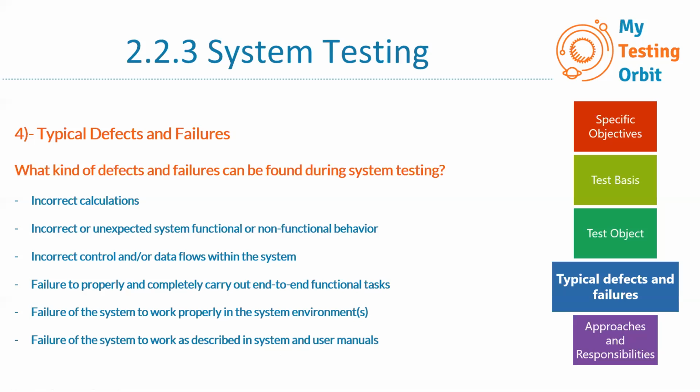So if there is a user manual and it's a product, then we have to test it according to the manual as well. Because if something is conflicting, then there are two possibilities. One, either it's a mistake in the user manual and the functionality built is correct, or the other one is that it's not built properly as per the manual. So that needs to be tested as well. Otherwise, we can come up with some defects over there as well.